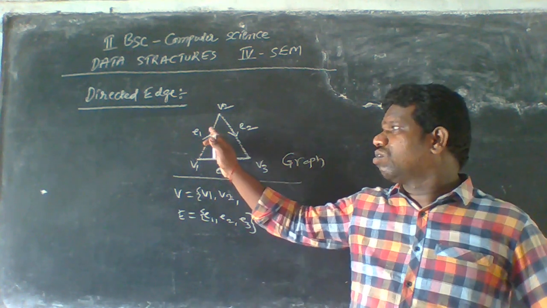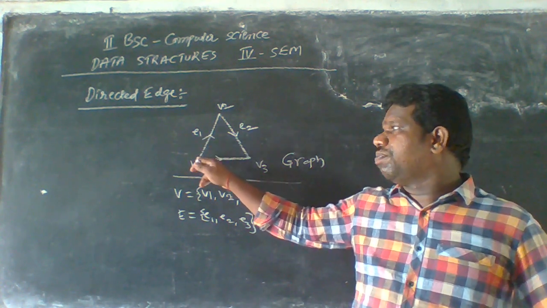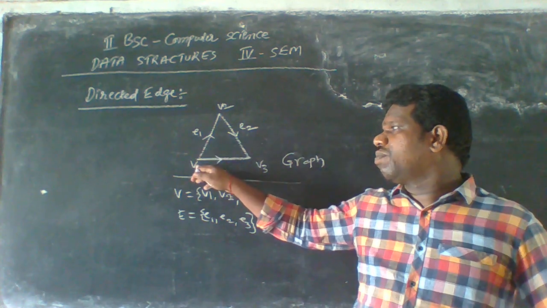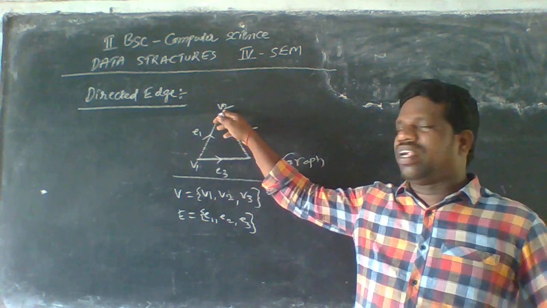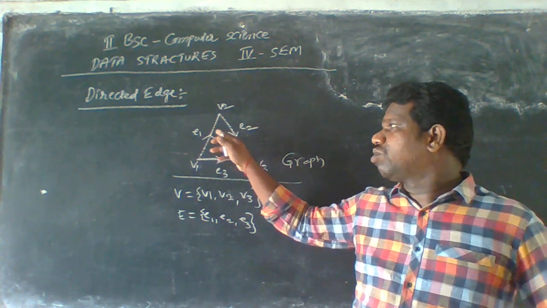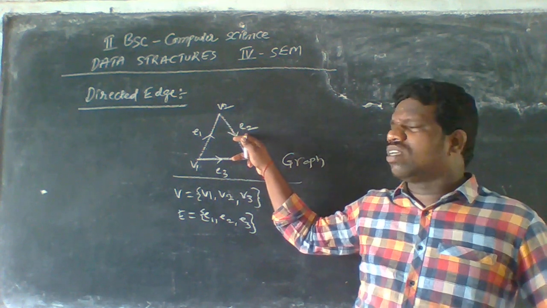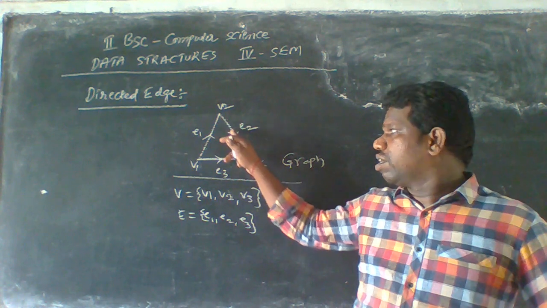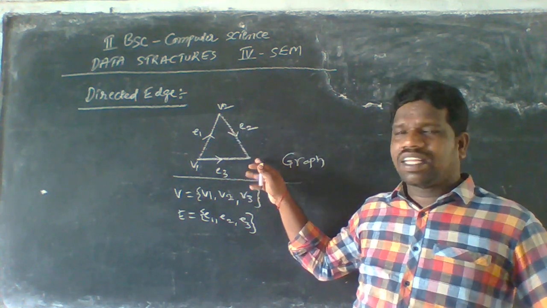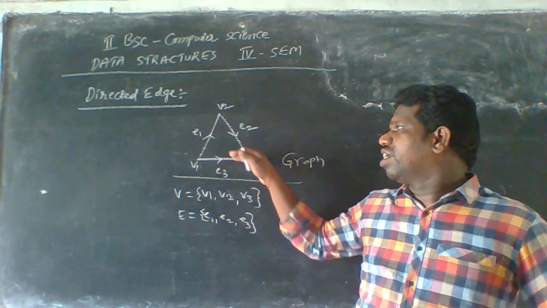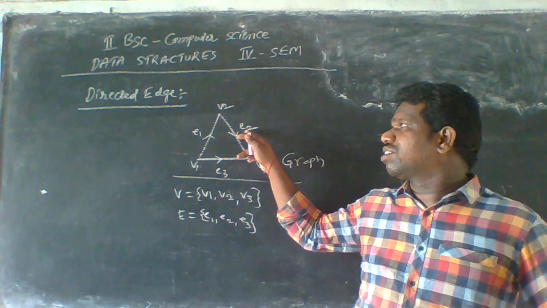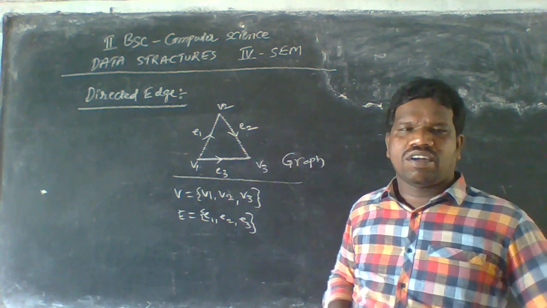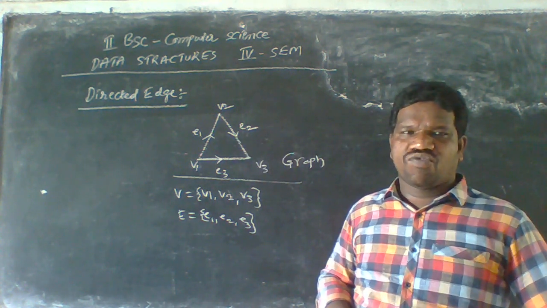So in this scenario, the E1 edge is formed from V1 to V2 here. And coming to the E2 edge, it is formed with the help of V2 to V3 here. That is, the direction from V2 to V3 is the E2 direction, and the E2 edge is formed here.